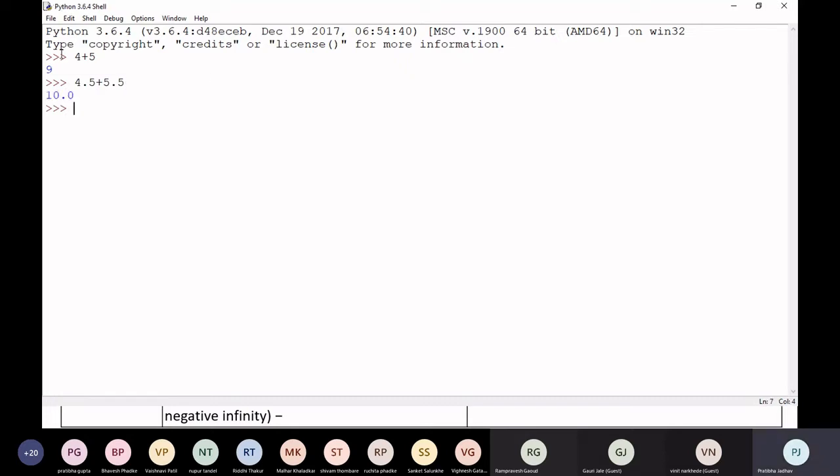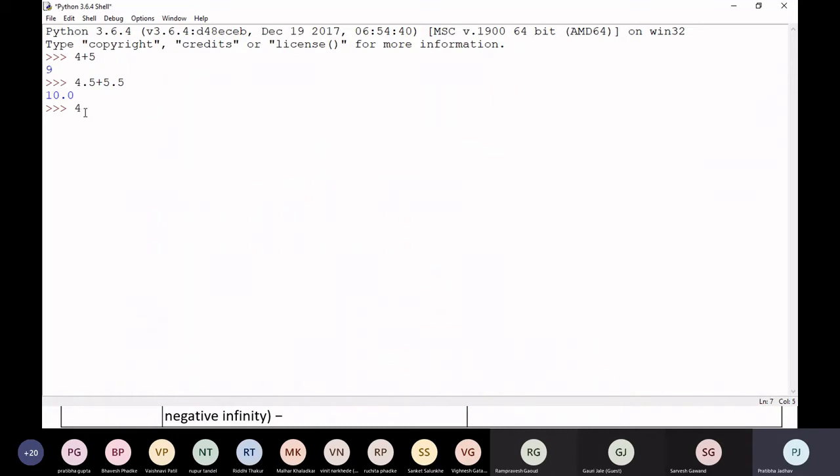See, the first operation, this plus operation, we have done with integer values where decimal points are not there. Second, it is performing with decimal point fractional numbers, which are called floats, so it is going to display 4.5 plus 5.5 as 10.0 in floating value.